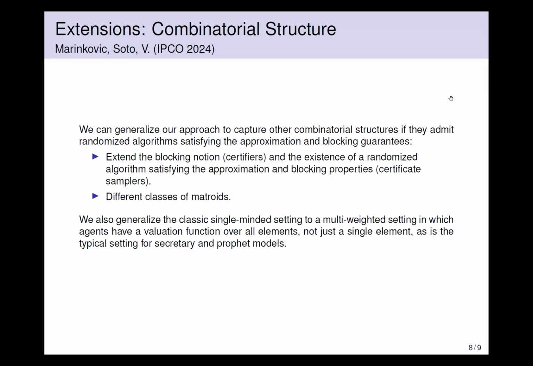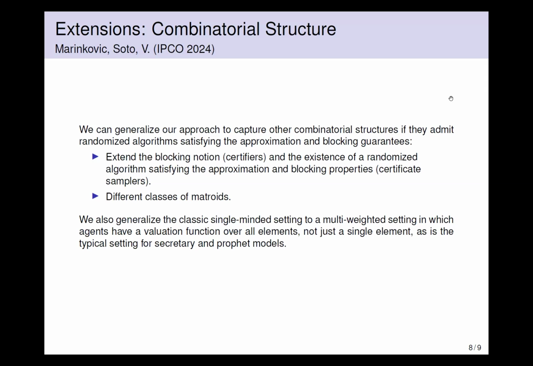And therefore, instead of solving an LP, let me say that for the problem you have, there exists some algorithm, some machine that will give you a random solution that will satisfy exactly these two properties that I showed: approximation guarantee and blocking property. And that machine, we call it a certificate sampler.